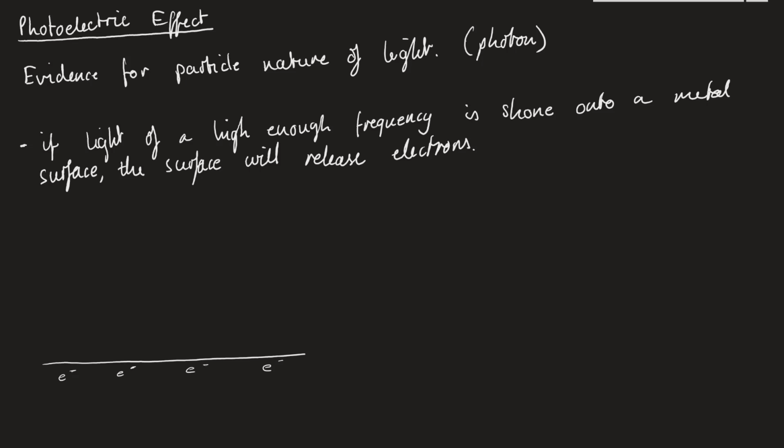If we have electrons near the surface and a photon coming in, this electron might absorb that photon and then get emitted as what we call a photoelectron, because it's an electron that's absorbed the photon, so it has more energy.